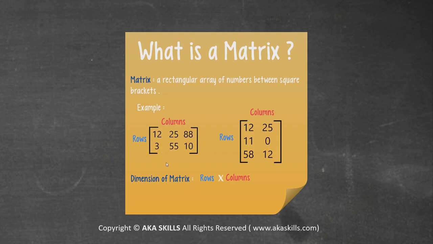No, that's the number of elements. You write the dimension just like this: rows x columns. That's how you represent the dimension of a matrix. So for example, the dimension of this matrix is 2 by 3. This is a 3 by 2 matrix.